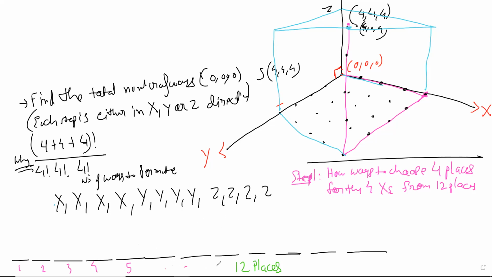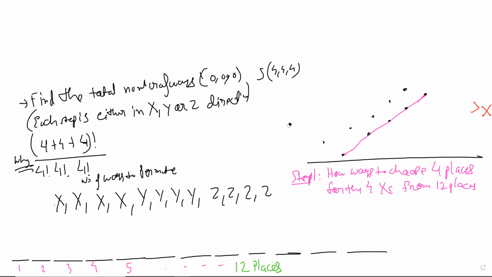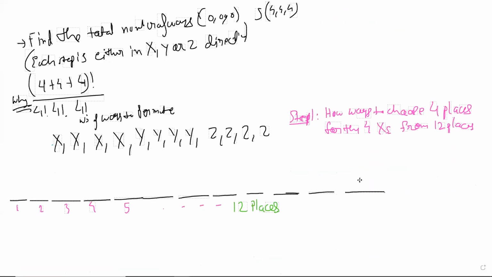So now this formula is coming to light. So this is 12 choose 4. It is simply 12 choose 4 and nothing else.